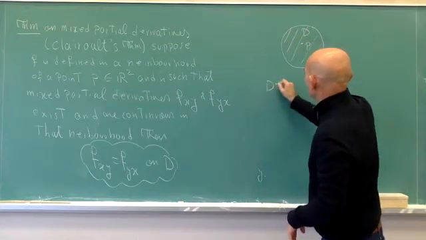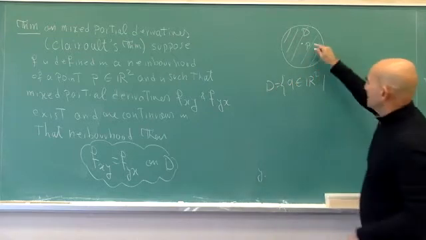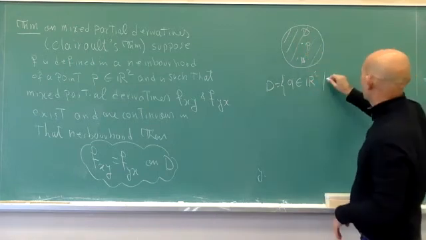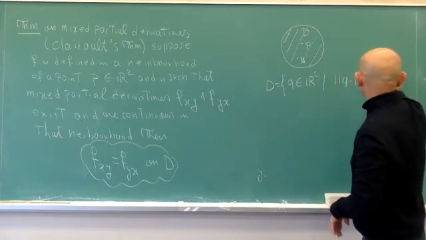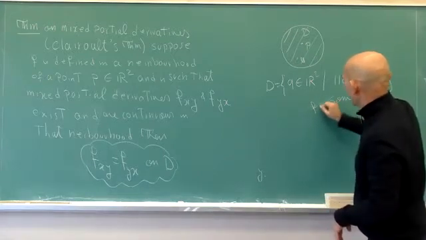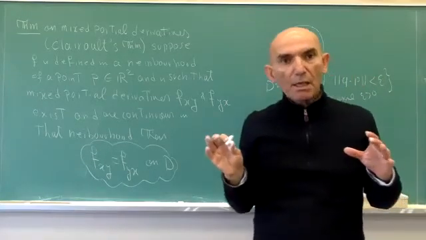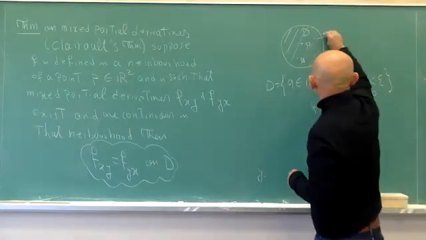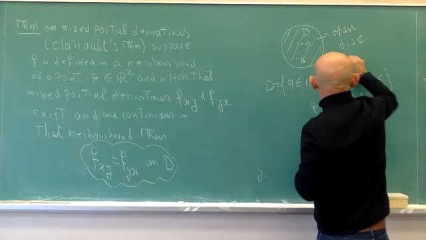D is the set of all points Q in R2 such that the distance between Q and P is less than epsilon, for some epsilon positive. By the way, this is called an open disk around this point P. That's an important concept.